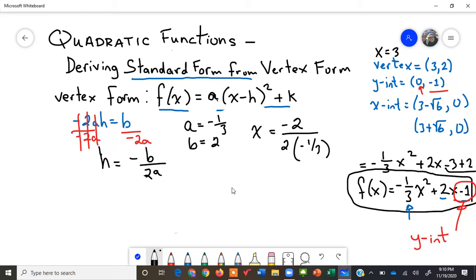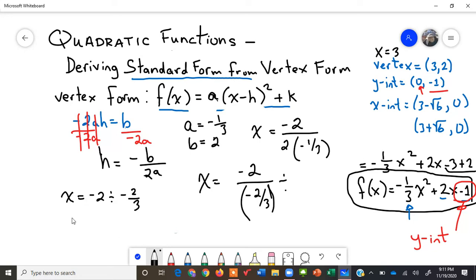So I'll have over here x equals negative 2 over negative 2/3. Fraction bar is division, so let's have x equals negative 2 divided by negative 2/3.